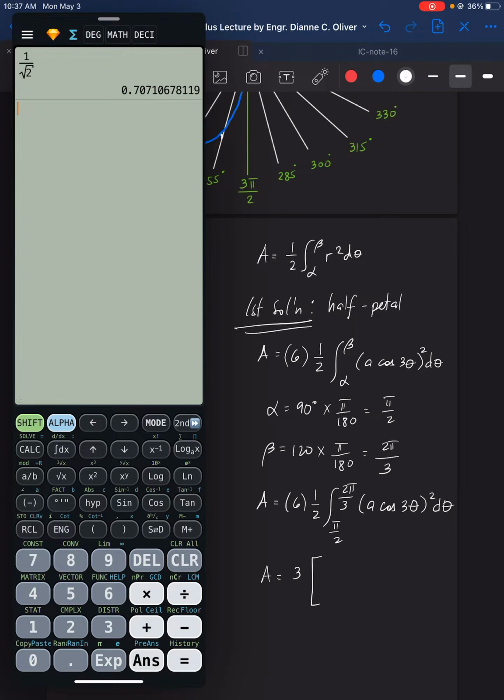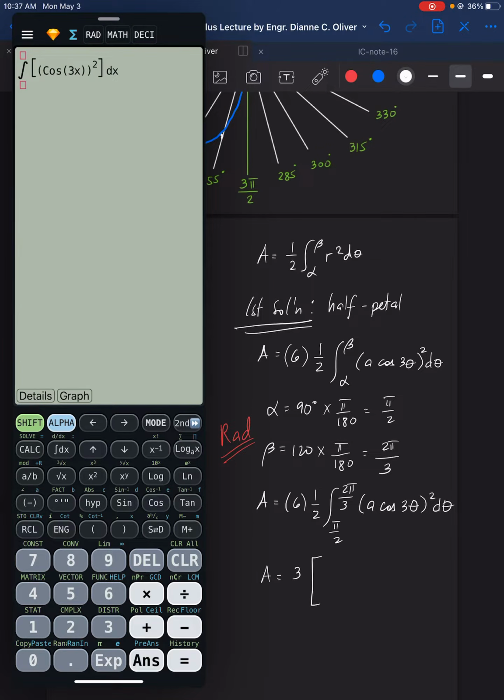Okay, clear. Again, remember, this is in radian mode. Rad. So we have there the integral of cosine 3 alpha x squared.